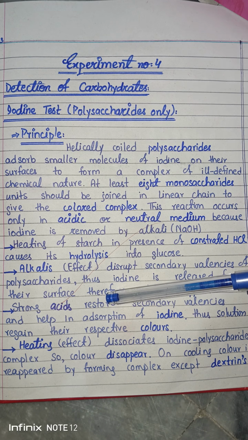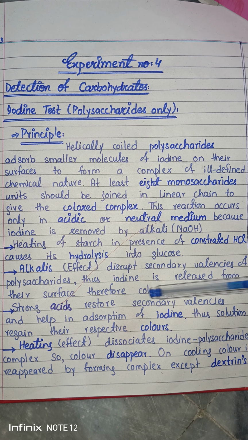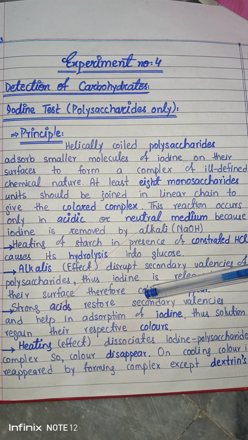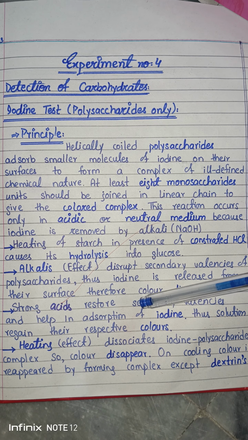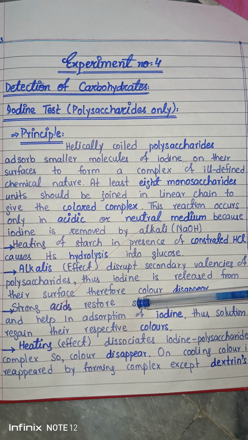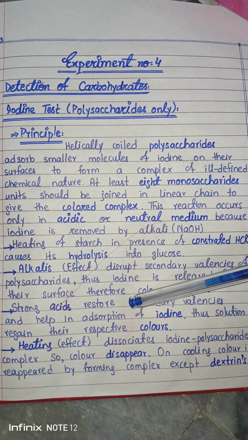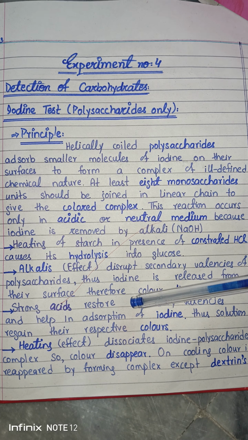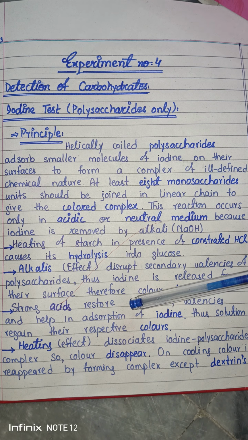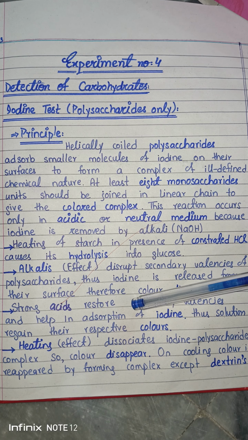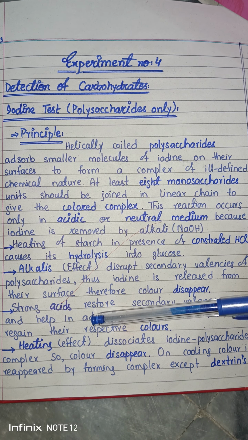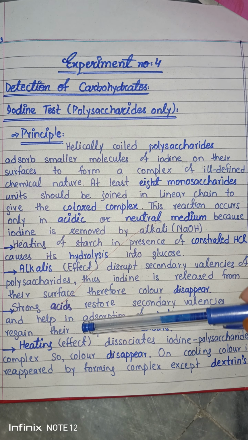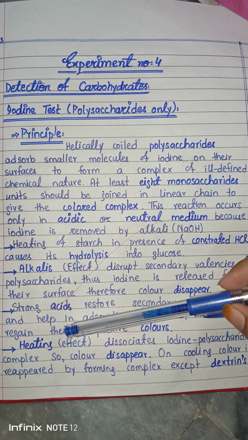But if we have an acidic condition, then the secondary valencies are not disturbed, and there is absorption of iodine. Due to this absorption, the color complex will be formed, and we get the identification point that this solution contains polysaccharides. Another important condition for this test is the heating effect.